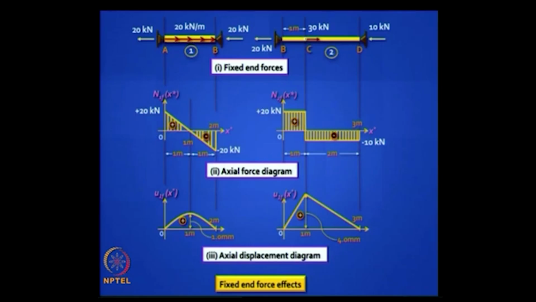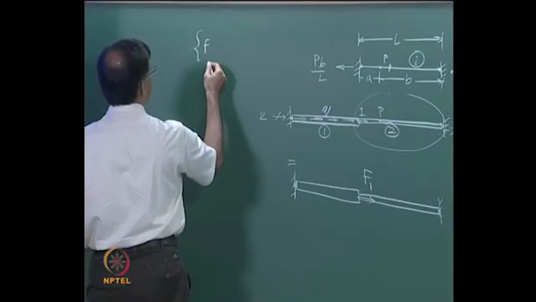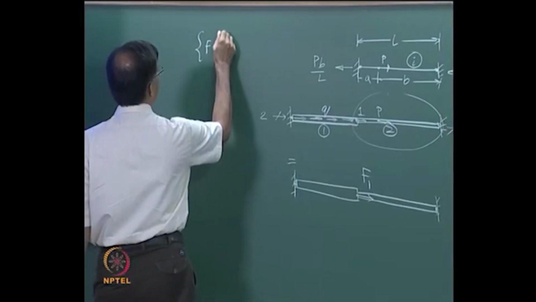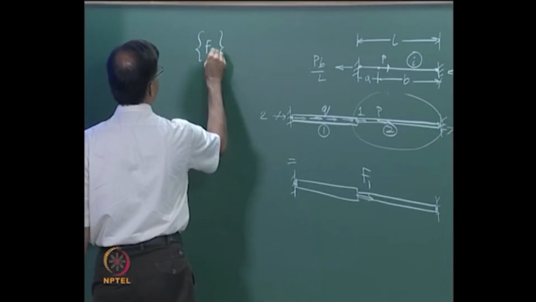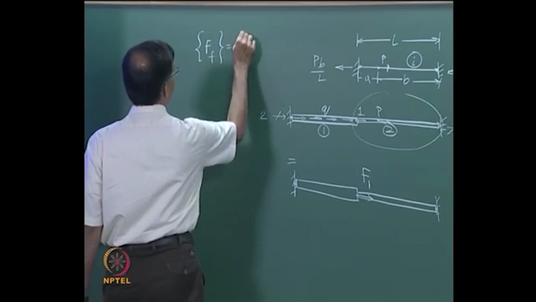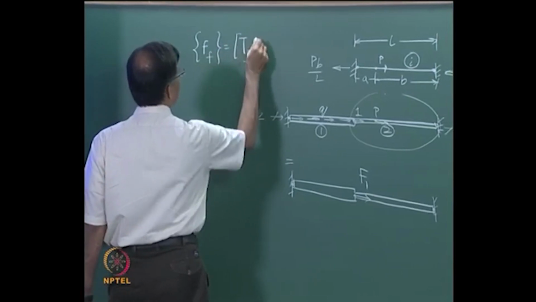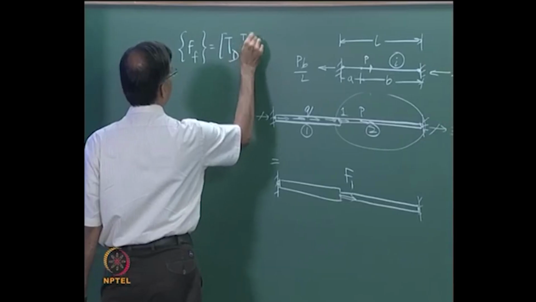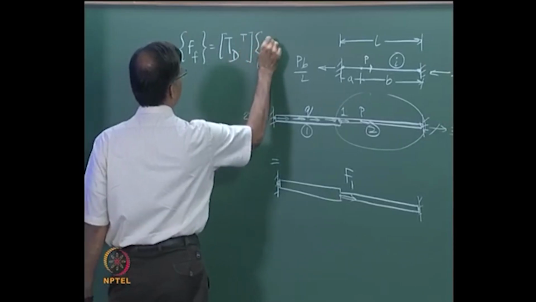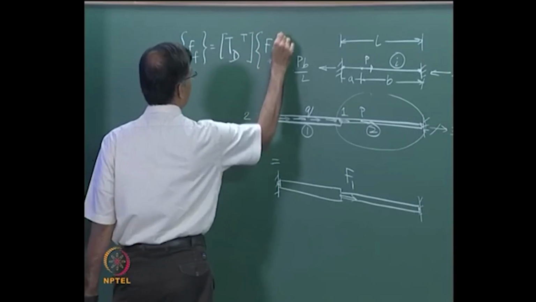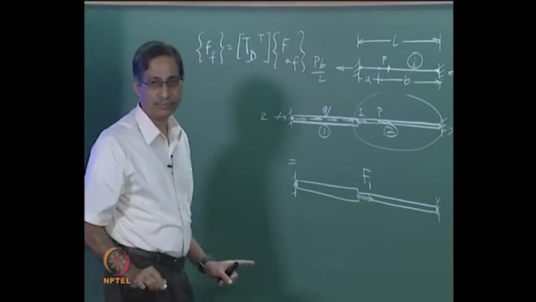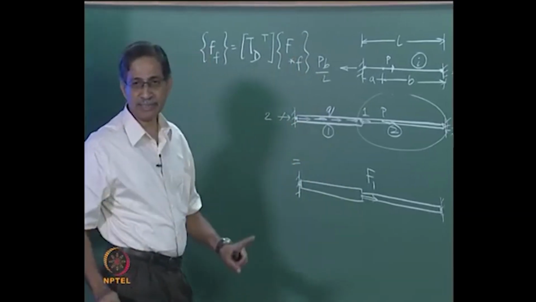See, all that we are saying is F is equal to TD transpose F star F. You can't do this for reasons we have already discussed.